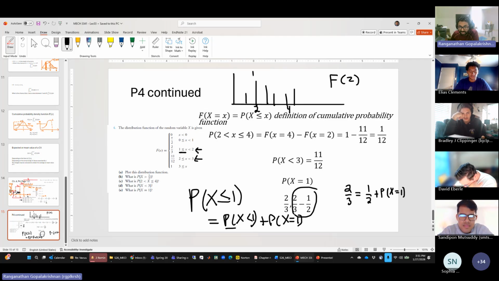So if you want probability of x equals 2, that would be 11/12 minus 2/3 by the same logic. So 2/3 includes the contribution of x less than 2, between 1 and 2, 1 included, but 2 not included. Okay, I got it.